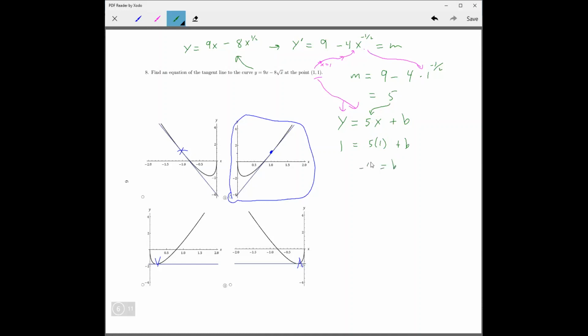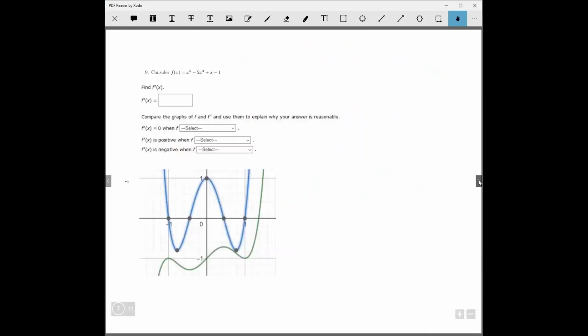And you get b is negative 4. So y equals 5x minus 4. That will be the equation of the line. So you only put in 5x minus 4 though on Webassign. Okay, let's go to the next problem.